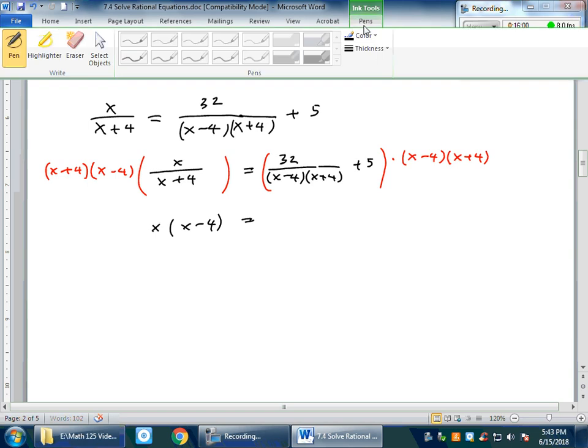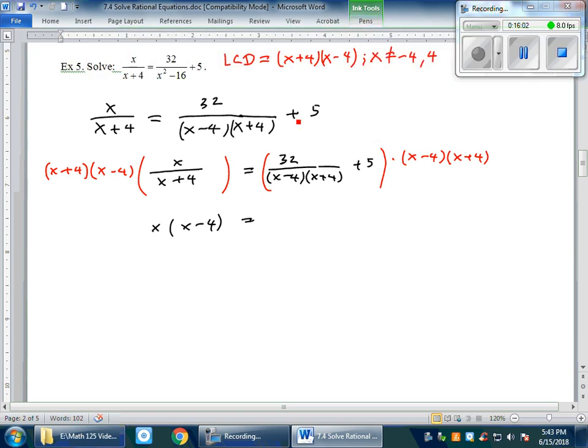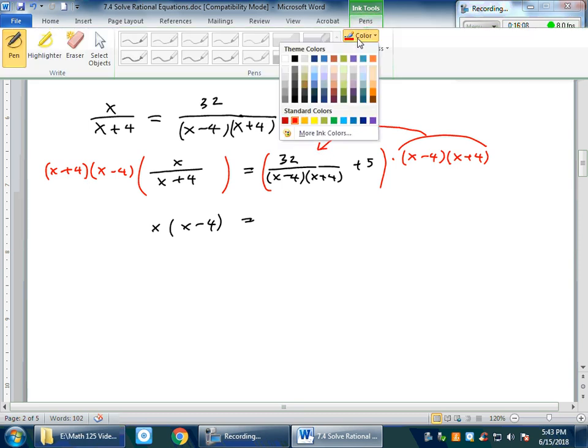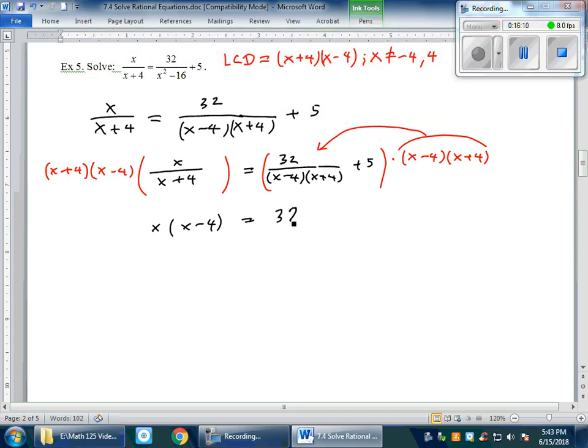When I distribute on the right-hand side, x plus 4 and x minus 4 cancel out on the first term, so it will only be left with 32. And plus, when I distribute to the second term, that will become 5 times x minus 4 and then x plus 4.